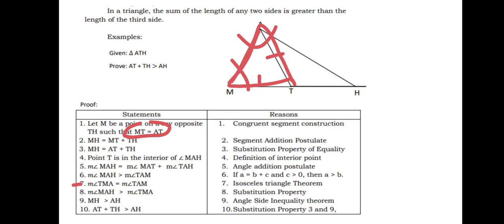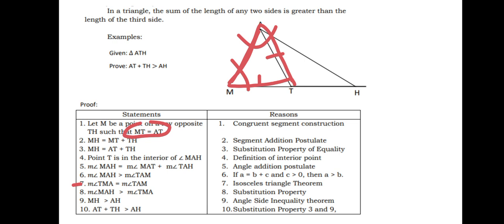Therefore, the base angles are congruent. So the reason for this is the isosceles triangle theorem: the base angles of isosceles triangles are congruent.